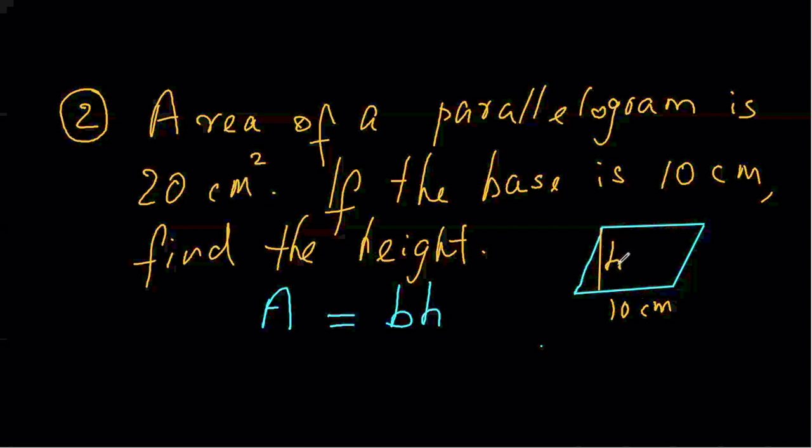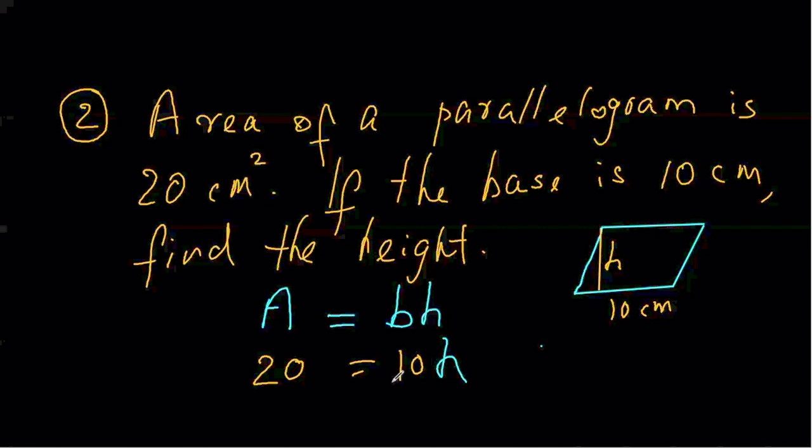So, let us plug in 20 for area, 10 for base. The height is missing. Now, how do we get rid of this 10? 10 is multiplied, so you have to go for the inverse operation here.